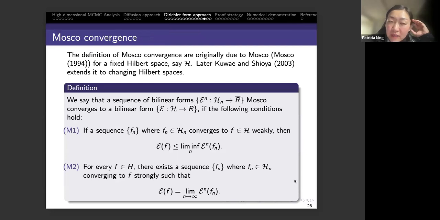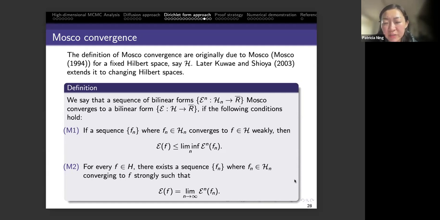Then we are ready to analyze based on the Mosco convergence. The definition of the Mosco convergence was originally due to Mosco in the year 1994 for a fixed Hilbert space H. Later, Kuwae and Shioya in 2003, about 10 years later, extended it to the changing Hilbert space as below. We say that a sequence of bilinear forms E_n converges to the bilinear form E if the following conditions hold.